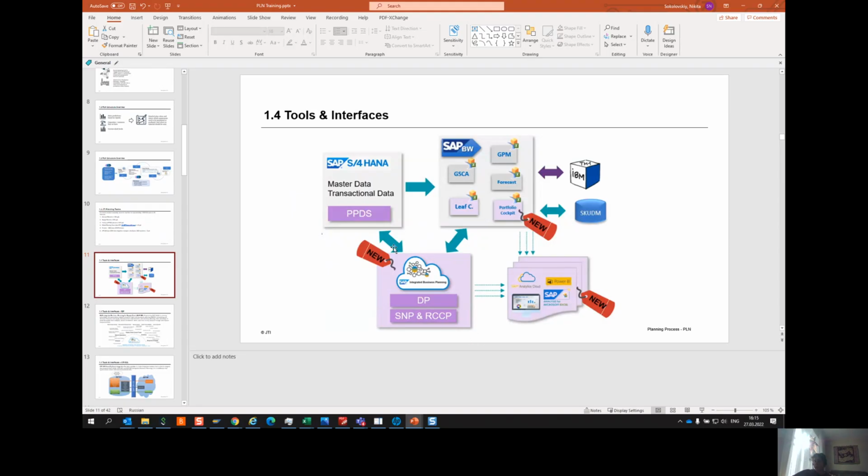You can see this double-sided arrow between SAP and IBP. We can say that this arrow is CPI-DS, which I mentioned on the previous slide. All the data between SAP and IBP is transferred through this CPI-DS module.